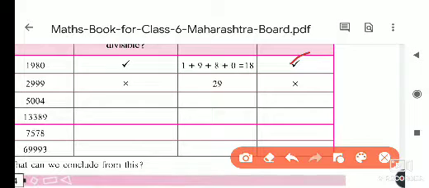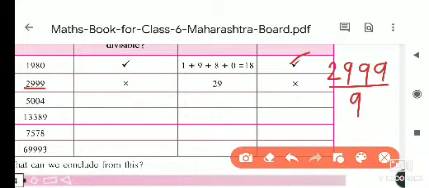Now we will check the next number, 2999. If we divide it by 9, 9 ones are 9, 9 twos are 18, and 9 threes are 27. So 29 minus 27 remains 2.